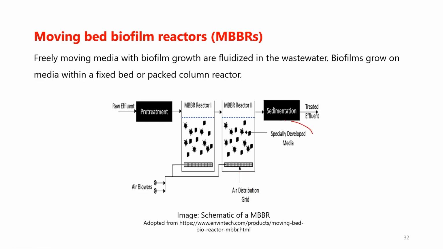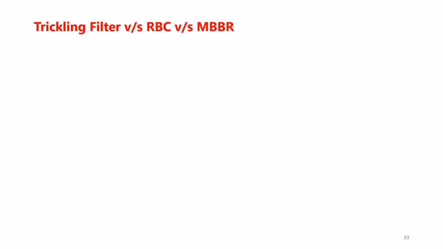So, here we have the specially developed media loaded, and the treated effluent is taken out from this outlet. So, this is one special kind of design which we call the moving bed biofilm reactor.